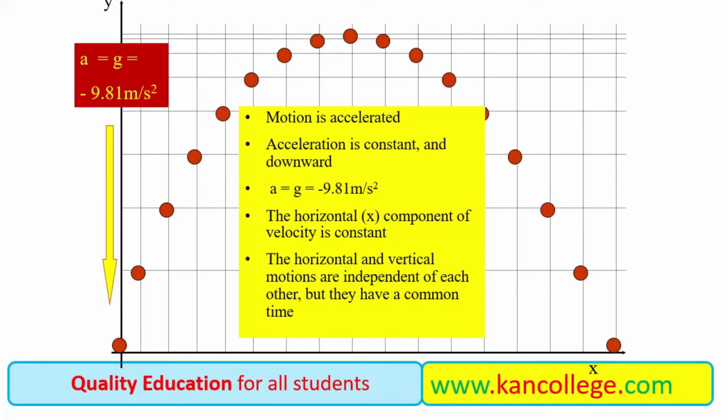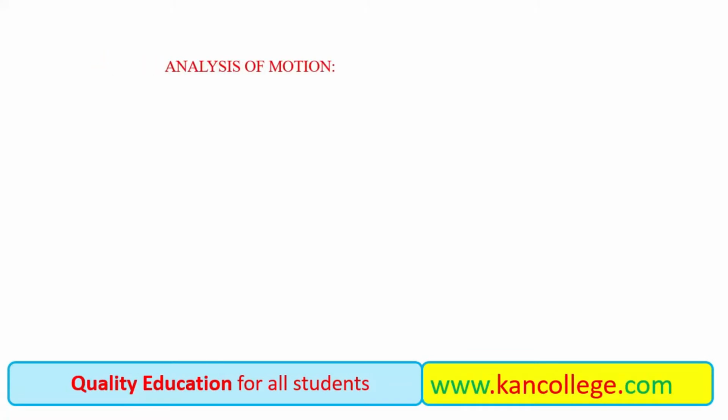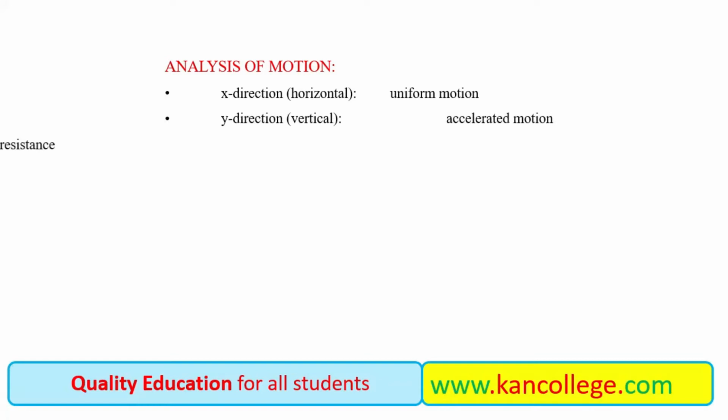And the vertical component of velocity changes with acceleration a equal to minus 9.81 meter per second square. From this discussion, we can analyze that in projectile motion, in the horizontal direction, velocity is uniform, but in the vertical direction, the motion is accelerated.